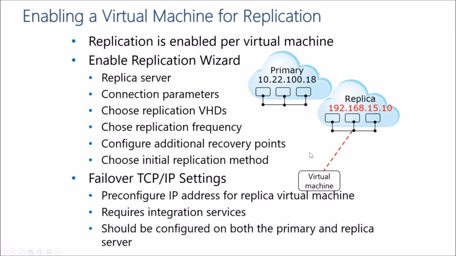So let's have a look at what's happening there. The virtual machine is running on the primary site. It's been replicated on the replica site. And then for some reason, the primary site needs to go offline. If that's planned, that's no worries. We can do a planned failover. When we do a planned failover, we basically switch the operations of the virtual machine from primary to replica.